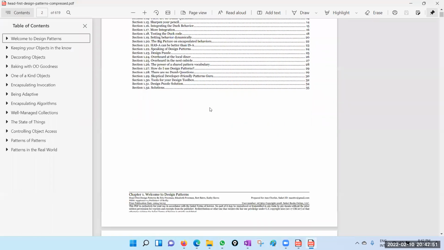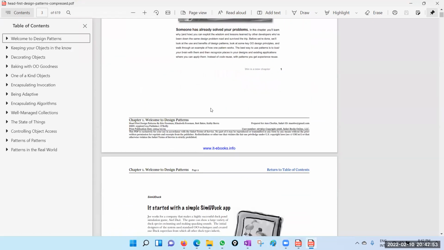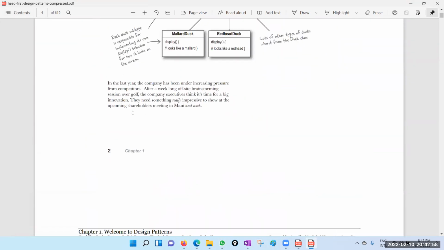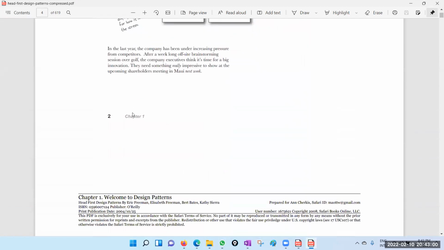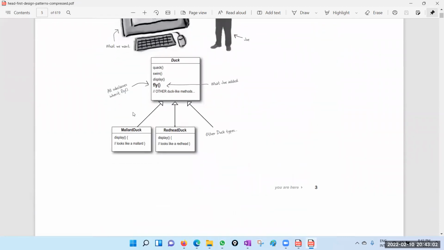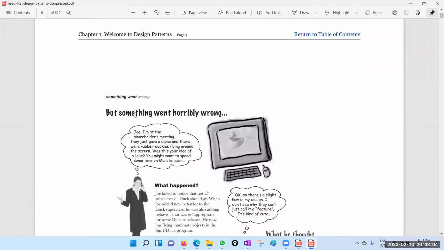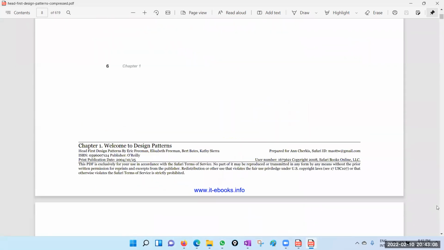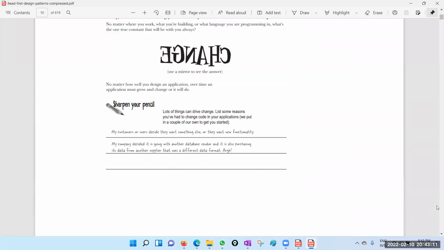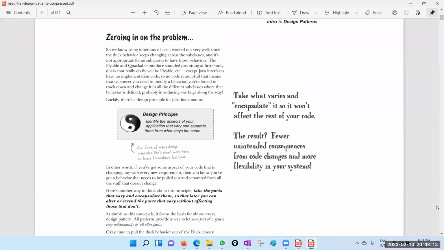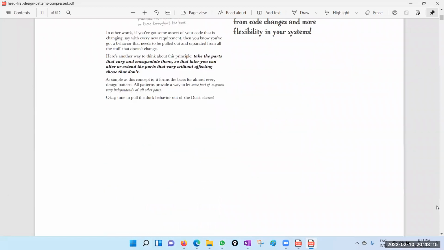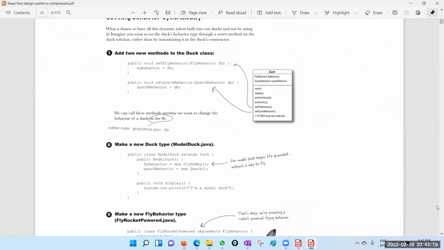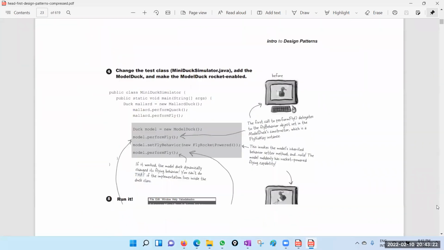It will explain what a design pattern is and why we need design patterns, and it will take a few design patterns one by one, like a story, explaining how they can be used. It starts with the strategy pattern and how to implement it.